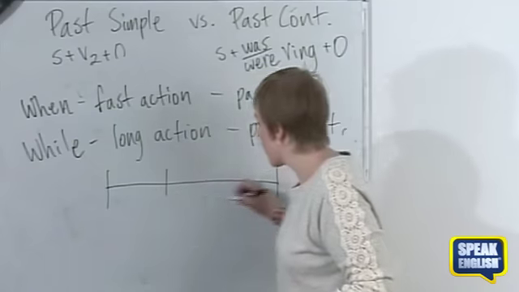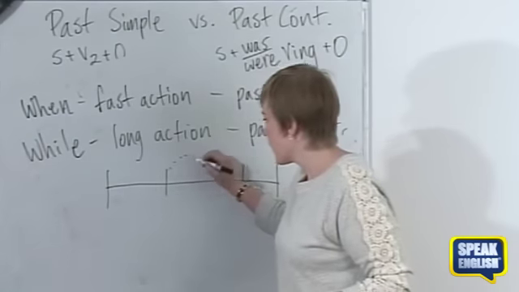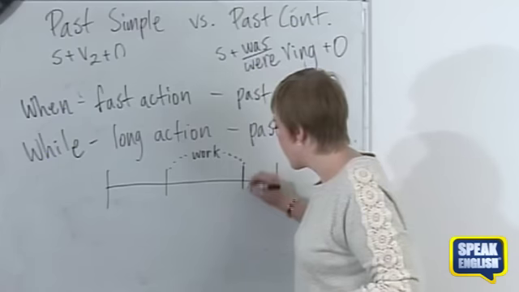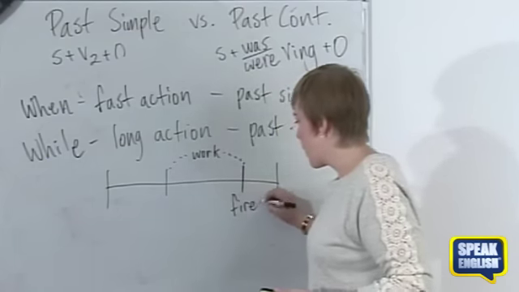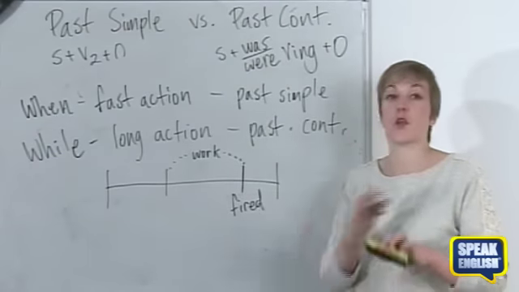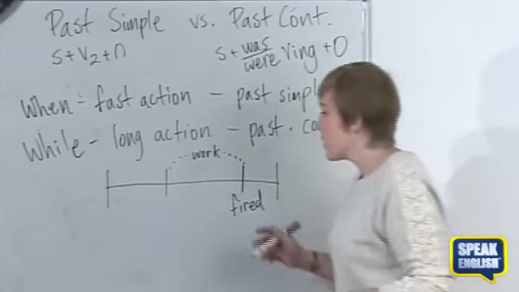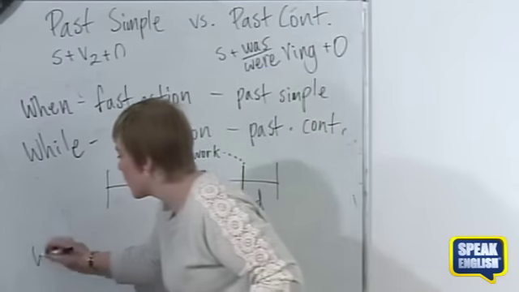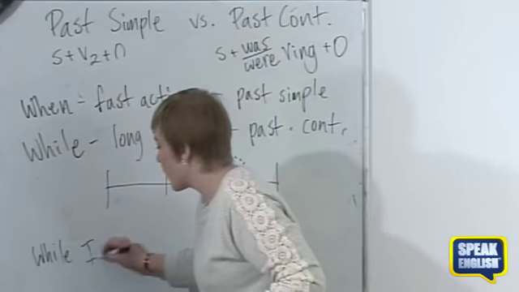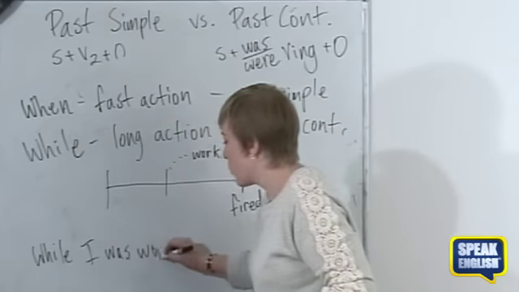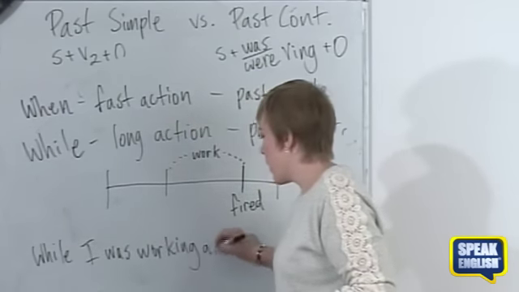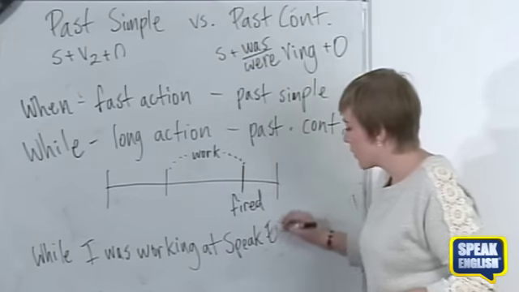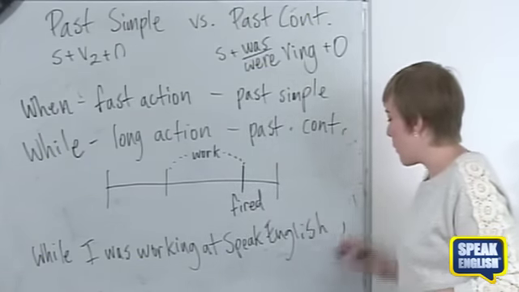For example, let's do work, and then we'll do fired, which means they said, you don't work here anymore, sorry, goodbye. So let's use the long action, while. While I was working at, we'll say, Speak English, comma.